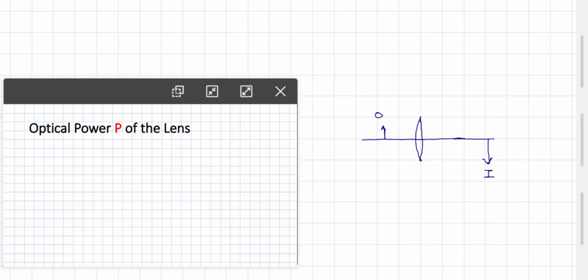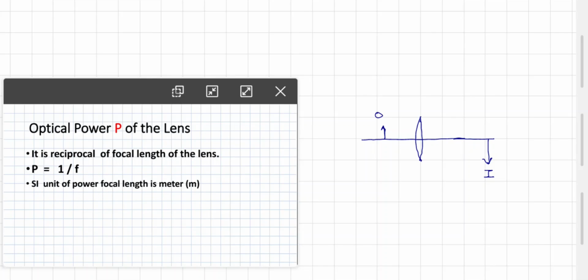So the next concept is optical power. Optical power is the reciprocal of the focal length of the lens. It is given by P is equal to 1 over f, where f is the focal length and P is the power of the lens. We know that the SI unit of focal length is meter.